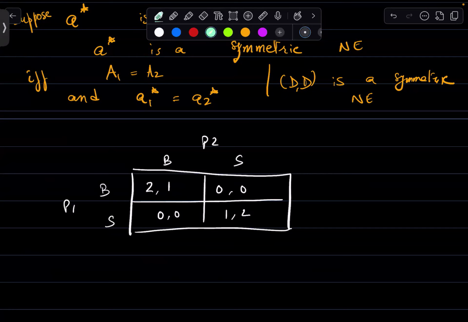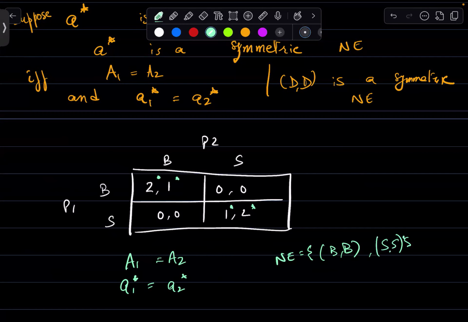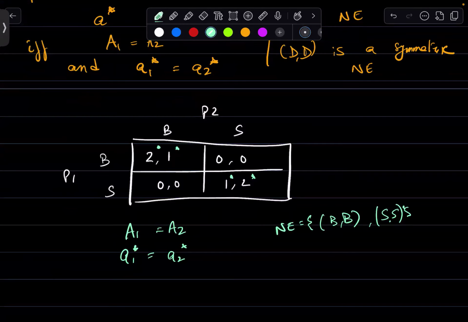Here, the equilibrium SS and the equilibrium BB, they are both symmetric Nash equilibria, even though the game itself is not symmetric. So here you have A1 equal to A2, and you have A1 star equal to A2 star in both our Nash equilibria, which are BB and SS. And so both of these are symmetric Nash equilibria.